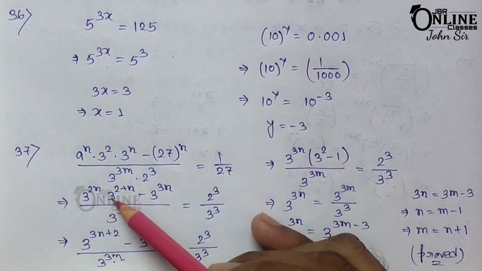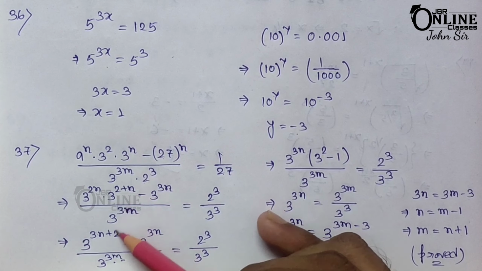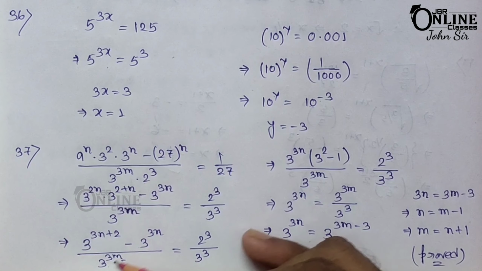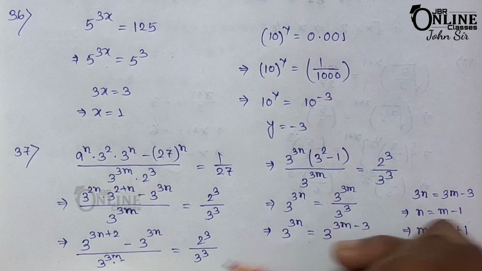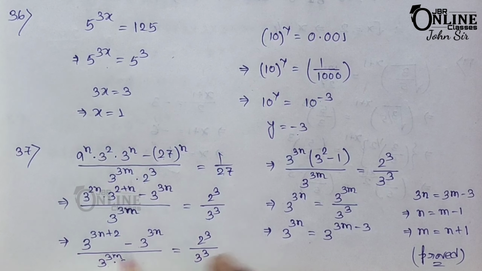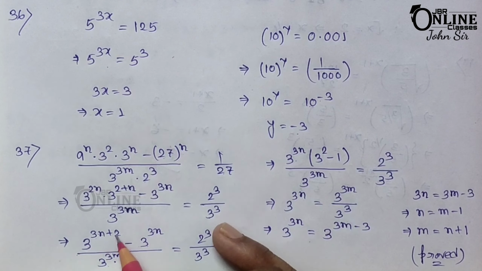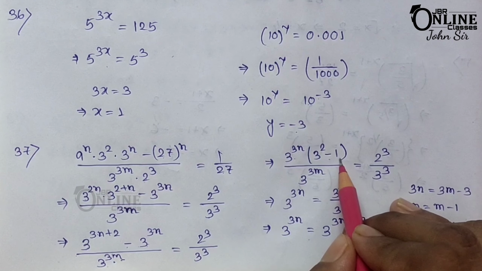Again here the bases are the same, so 2n plus n, 3n plus 2. Here minus 3n, 3 to the power 3n, here 3 to the power 3m, and here 2 to the power 3 by 3 to the power 3. Okay, now in the upper one, 3 to the power 3n is common, so 3 square remains, here minus 1.